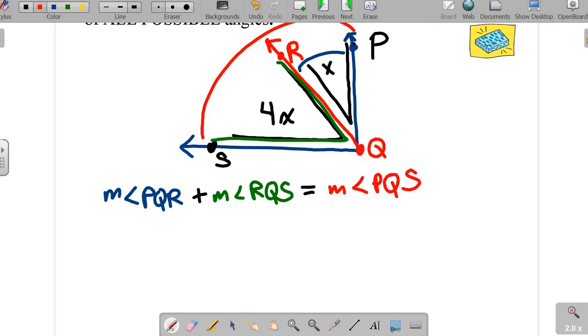There's your thing equation. Now, we circle, plug, chug. PQR is X. This is 4X. This is 90. Solve.